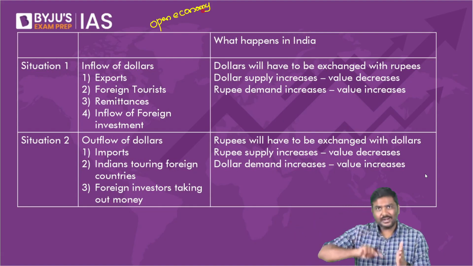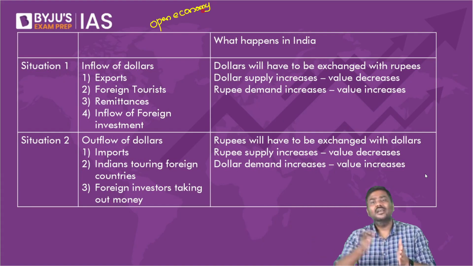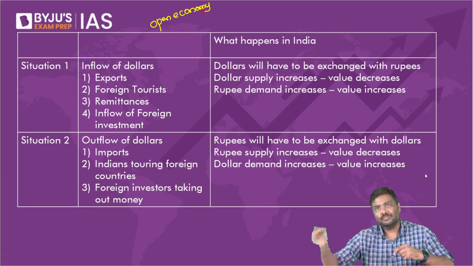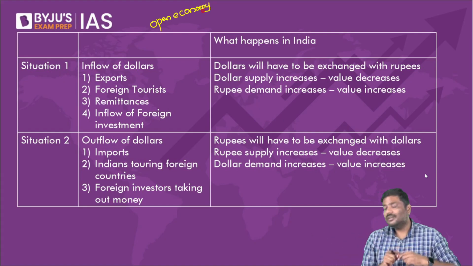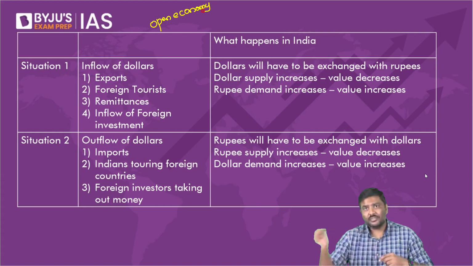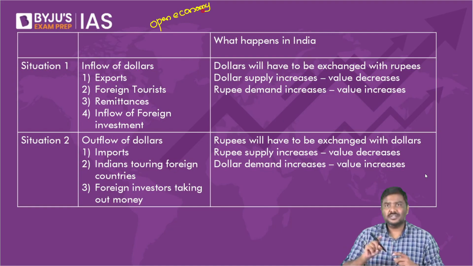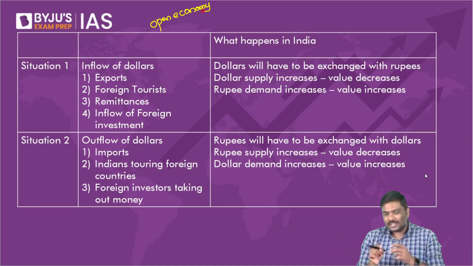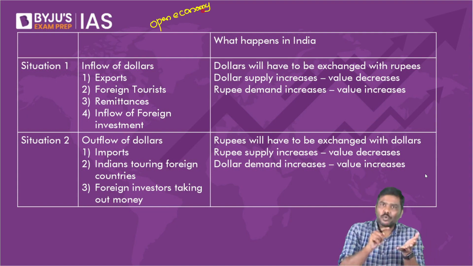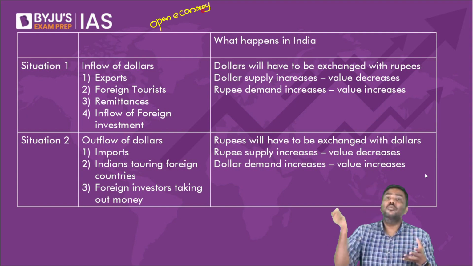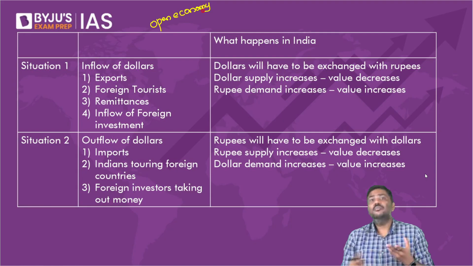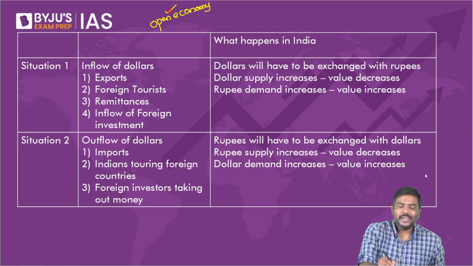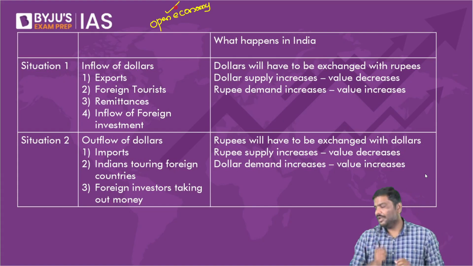I'll repeat. There are transactions between India and the rest of the world. Transactions for movement of money, capital, transactions for movement of people, transactions because of goods and services, etc. And because movement of people is taking place, movement of goods is taking place, movement of investment is taking place, we generally say India is an open economy.